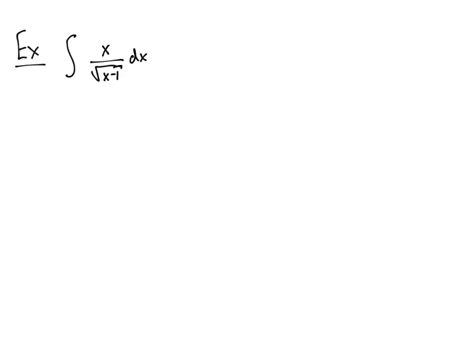All right, and we have one last example, and this one is a technique that we haven't really seen yet. So again, my inside function here is going to be x minus 1, so we'll set u equal to x minus 1. When I take the derivative of this, I get 1 dx, so du is equal to dx.